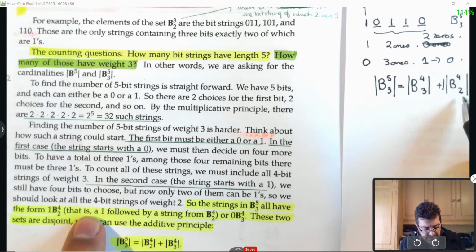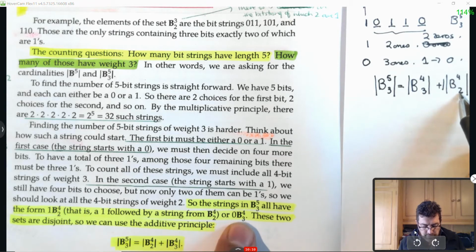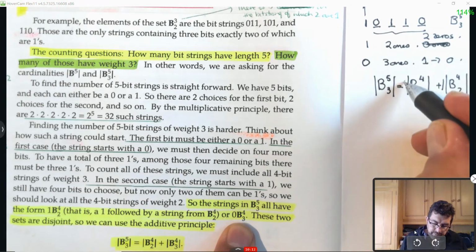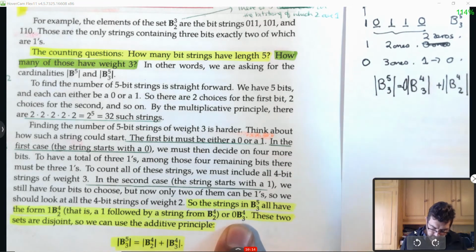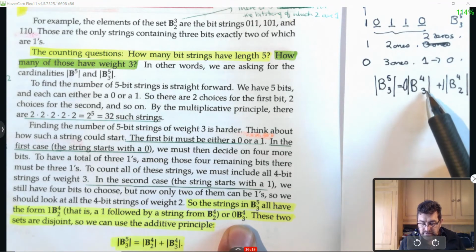So that is a 1 followed by a bit string of B42. Or if I had a 0 first, then I would still have 3 of the 1s to place.